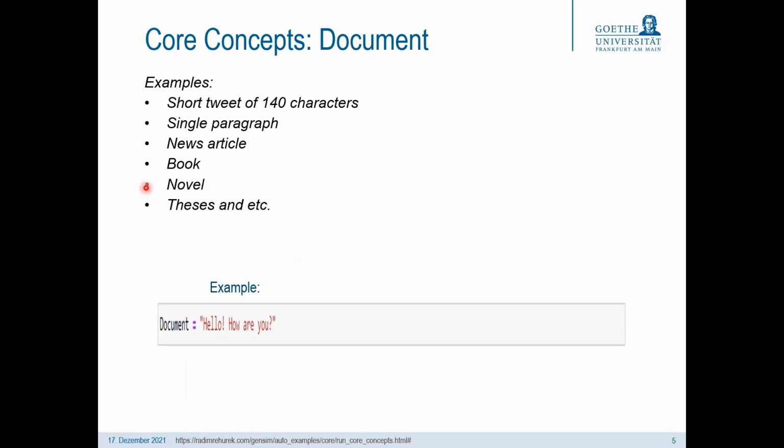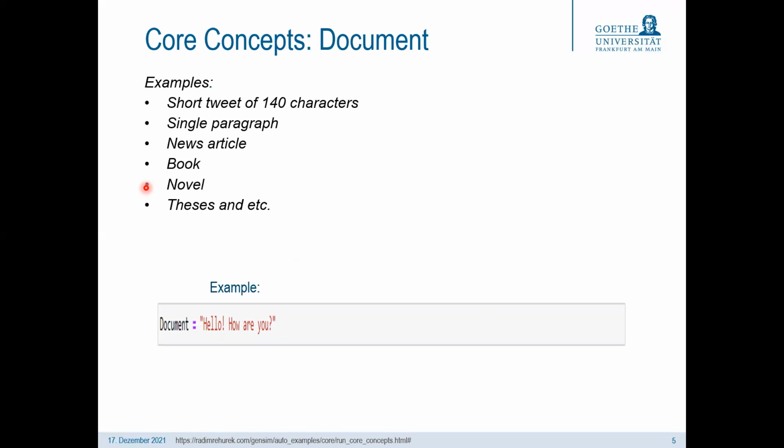Let's talk about the core concepts and start with documents. What is a document? It refers to text. If we go into some detail, it's an object of the text sequence type, which is known as string, str, in Python 3.